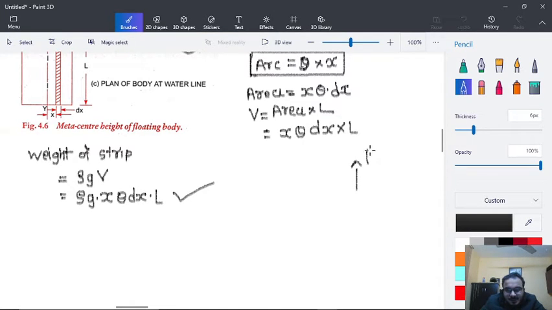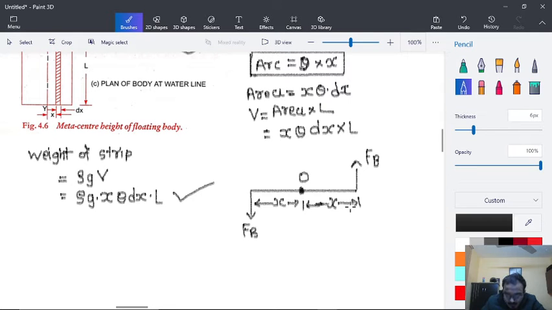One force FB is here and another force is over here, FB, about a point O. This is the point X, the distance X, and here also this is the distance X. So obviously we can see that here a couple is generated due to this force, which will be in counterclockwise direction, and the total distance is 2x between the two forces.